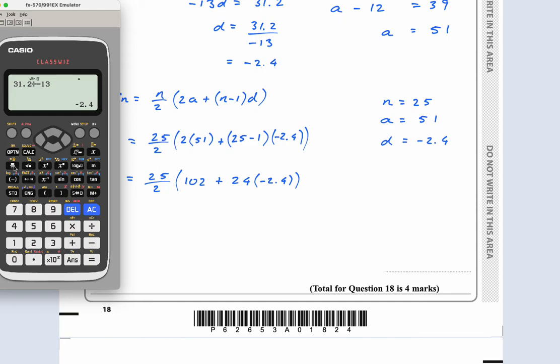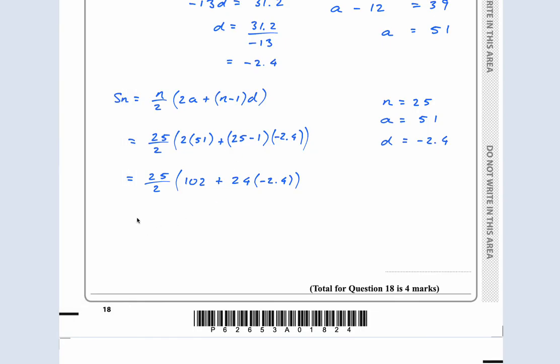So I do 25 over 2 times brackets 102 plus 24 times, again you don't need that bracket but I'll put it in, minus 2.4, but you do need this bracket, close that one, and you get 555, which is correct. So this is 555. Okay, tricky question guys.